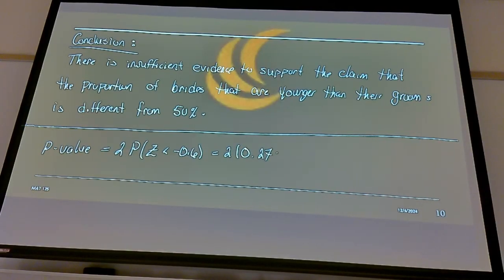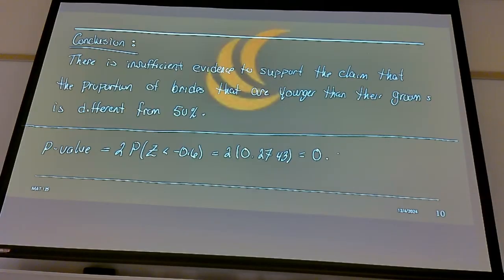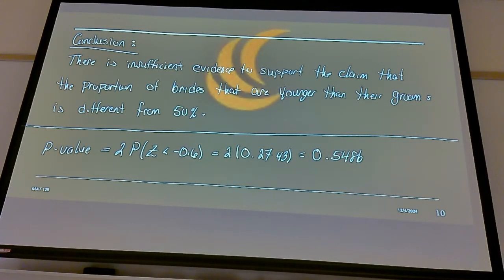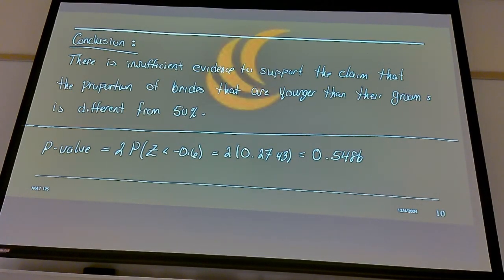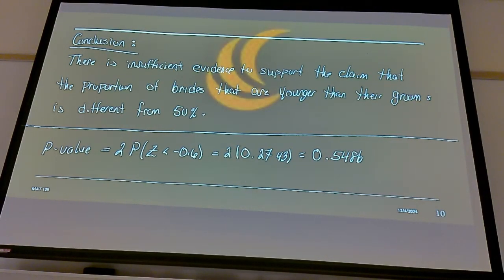I think it's on the C chart. What was our level of significance? That's from the C chart, right?